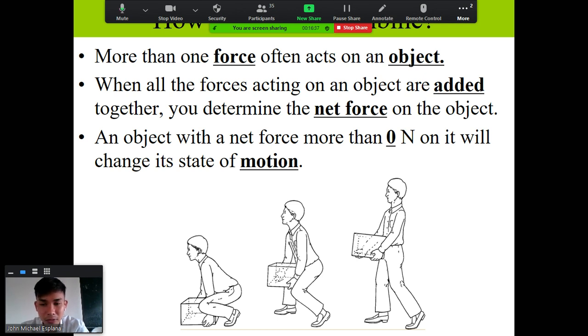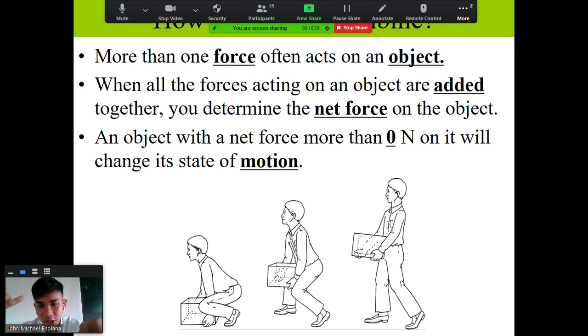But when we speak of state of motion, that means whether a particular object moves, or stops, or speeds up, or slows down. Yun yung mga change in motion.